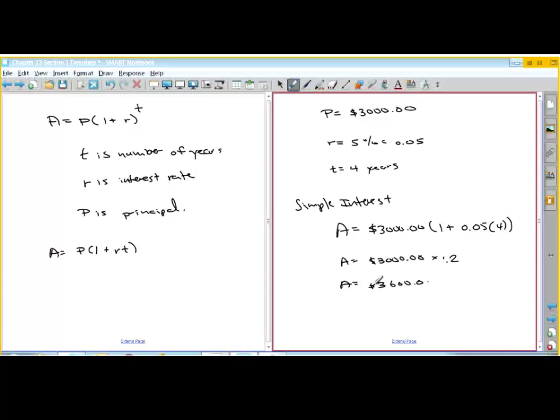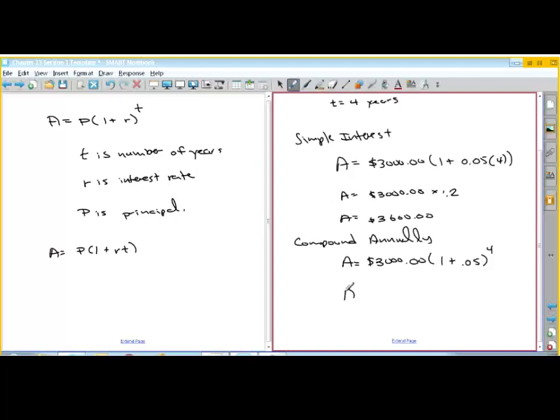Now, if you compound annually, that means after 1 year we take the interest for that year and put it in with our principal. The amount after so many years is equal to the principal times 1 plus the interest rate in decimal form raised to the fourth power. It should be bigger.